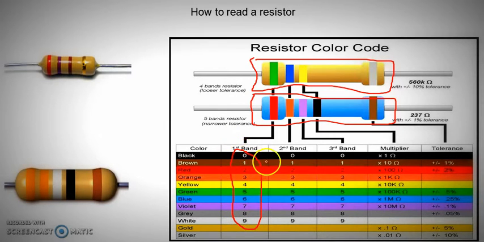So here in this example we can see a 4-band as well as a 5-band resistor where each band indicates a value, a digit. In case of a 4-band resistor, the first 3 bands are considered as the value bands, whereas the last band is considered as the tolerance band.